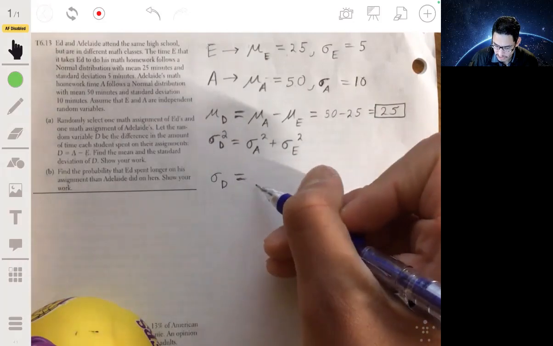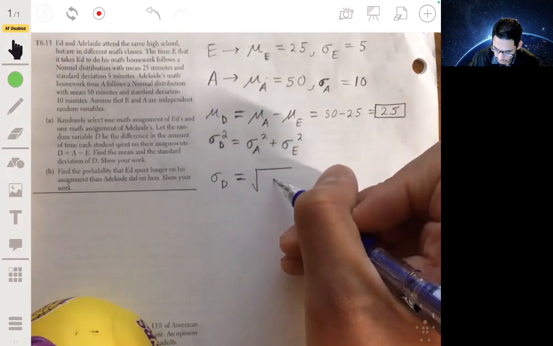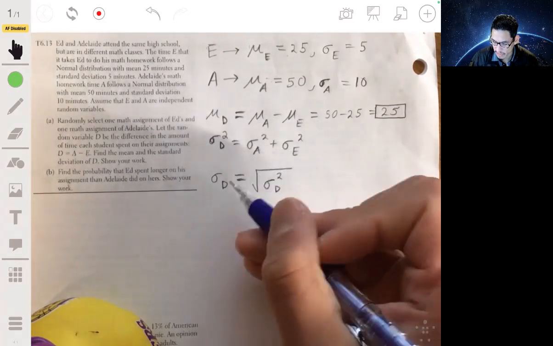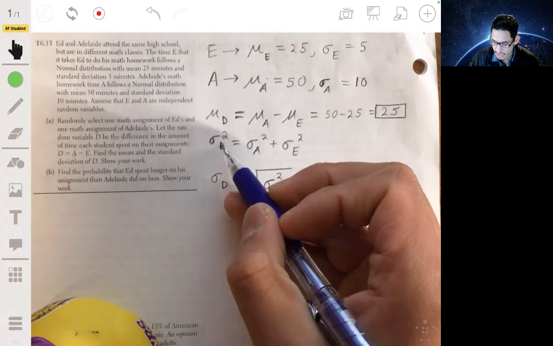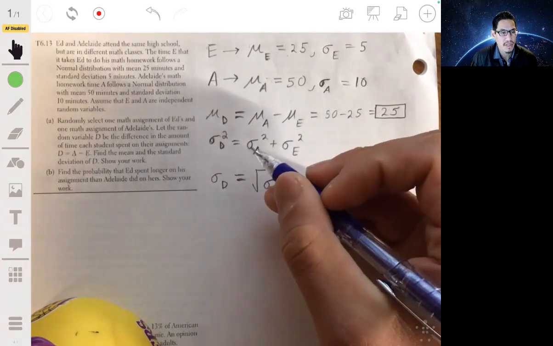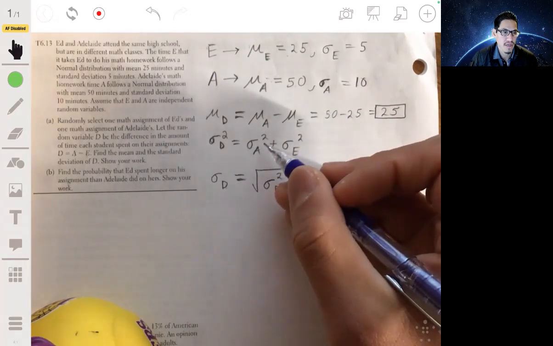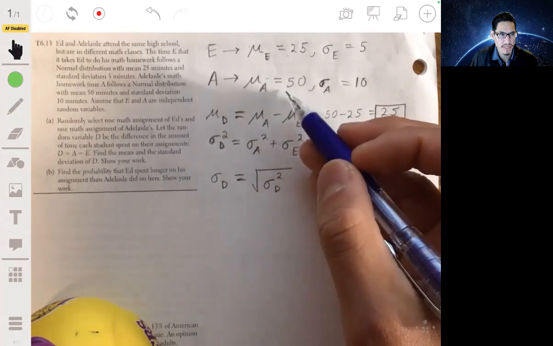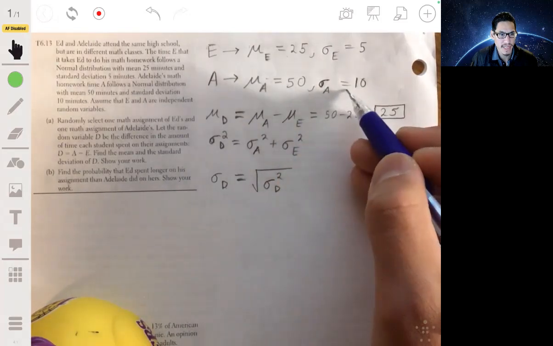So let me just jump ahead to show you what I mean in case you're a little confused. Going back to algebra, the square root of anything squared will give you the standard deviation. So if we find the variance and then take the square root of it, we'll get the standard deviation. The variance of Adelaide will just be her standard deviation squared, so 10 squared.